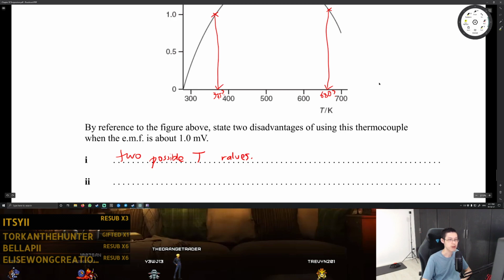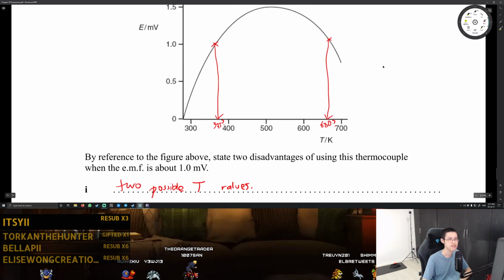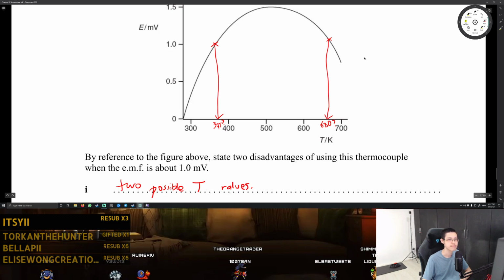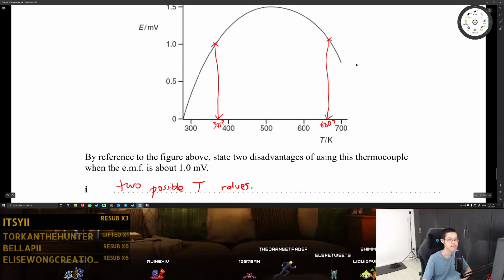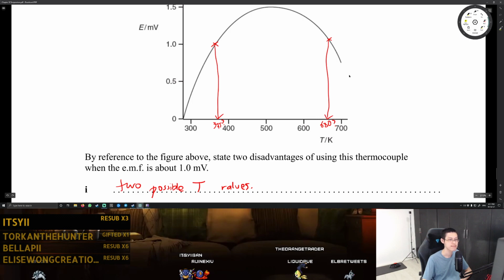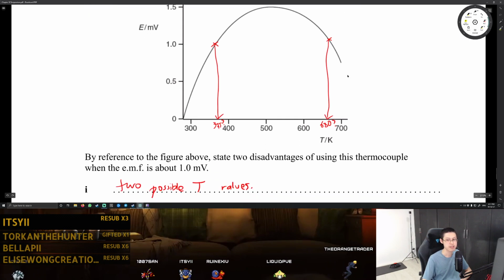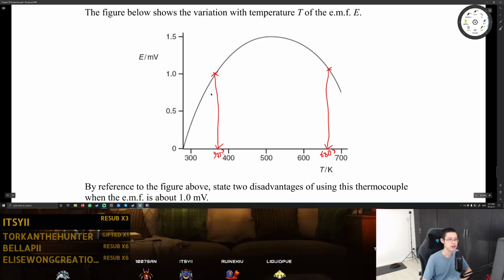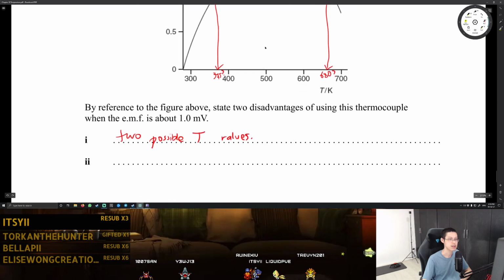Right, so one of them is we have two possible T values. What is the other disadvantage? What do you guys think? So the other disadvantage has to do with the fact that below 1, you can see this is almost like a straight line. So it's almost linear, but after 1, you can see that it curves quite significantly.